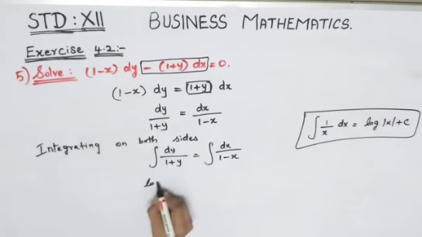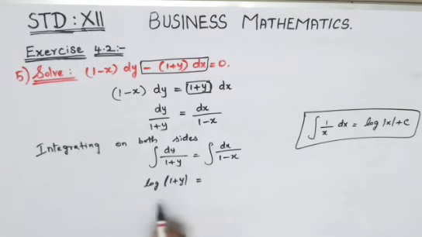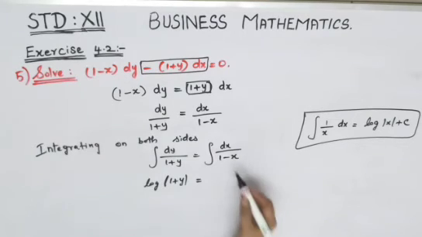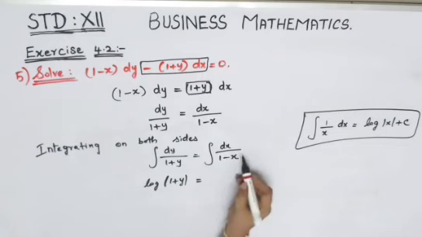So log 1 plus y, which is equal to this side. Since towards your left hand side you got positive, no changes there. Now dx divided by 1 minus x is there. So again, in the place of x you have got 1 minus x, so replace your 1 minus x with log.